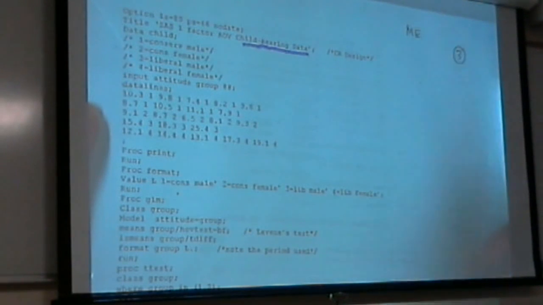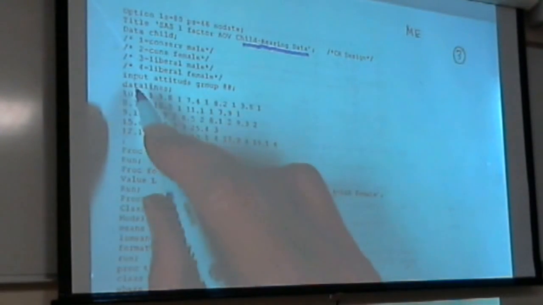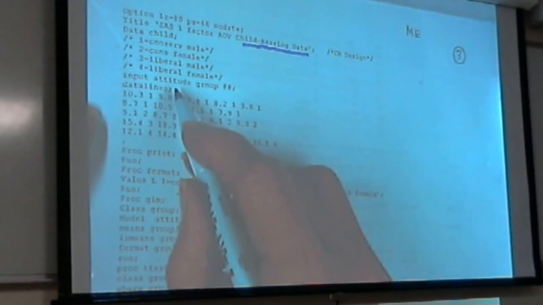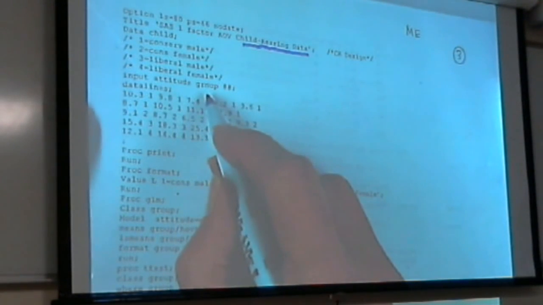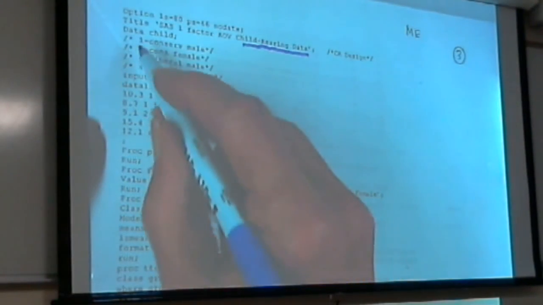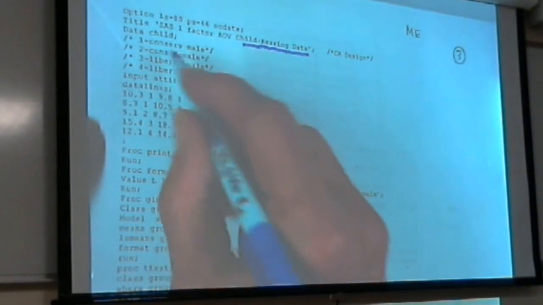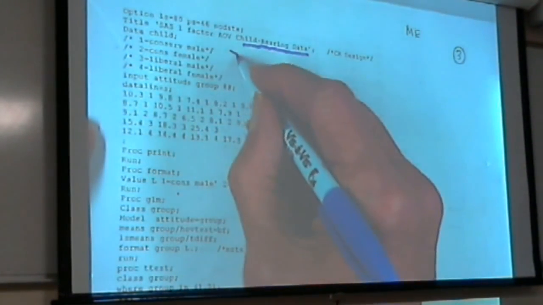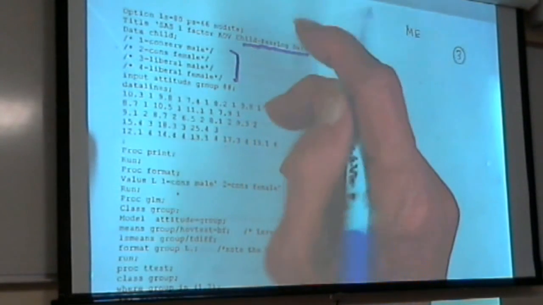And then, in the data, we have inputting of attitude, group. And so the meaning of the numbers 1, 2, 3, 4 for the groups are as you see in this layout right here. Okay.